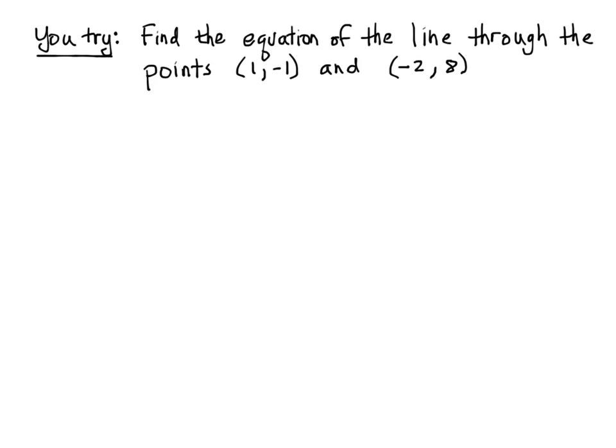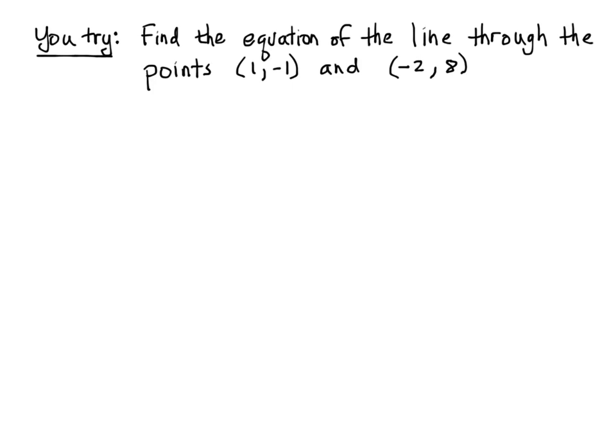I saw for the slope, so 8 minus negative 1 over negative 2 minus 1. Minus 1, okay. And then I got 9 over negative 3, which is negative 3.